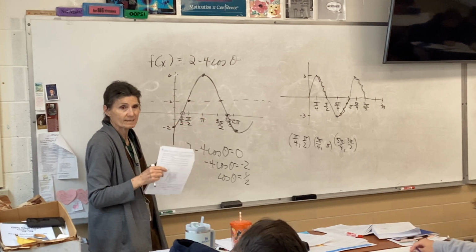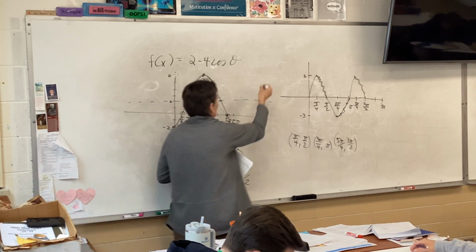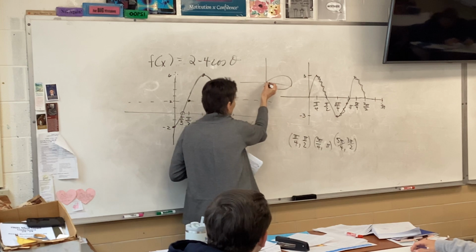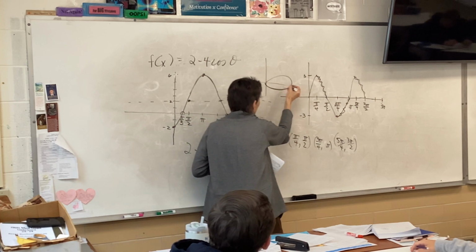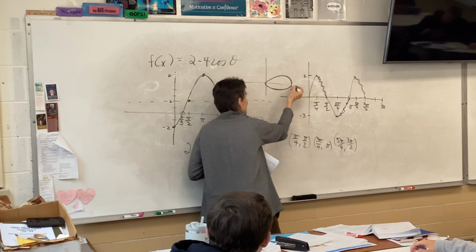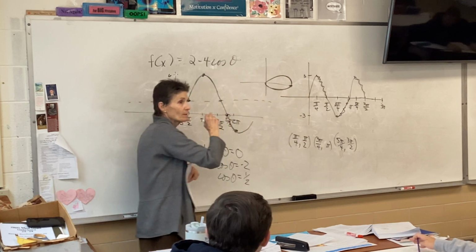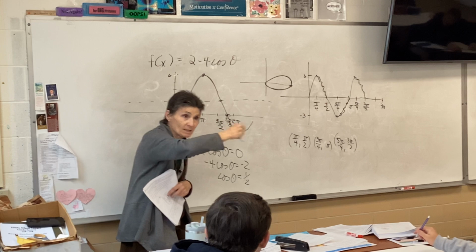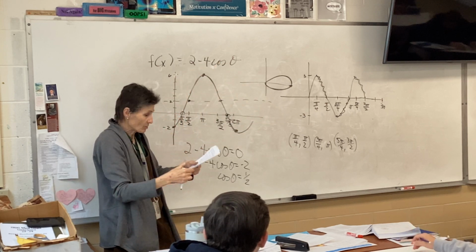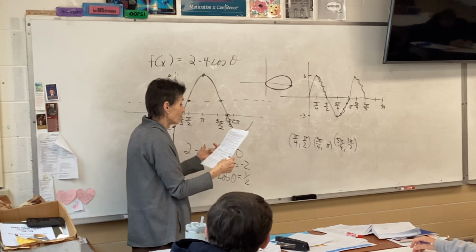If r is increasing, think about one of these shapes right here. You head out, and then you turn around and come back in. Isn't that an extrema right there? Because you change from increasing to decreasing. Okay? So now our job is to try to find some of them.